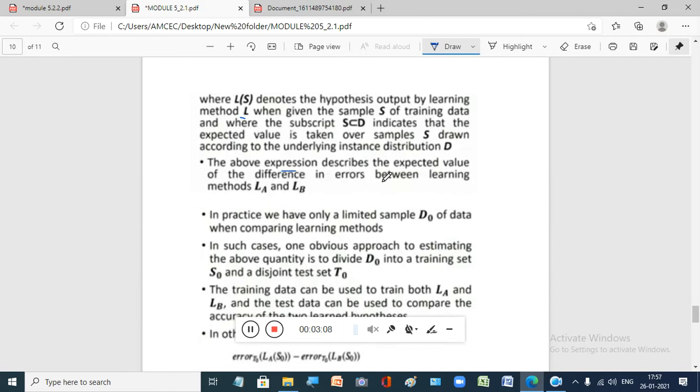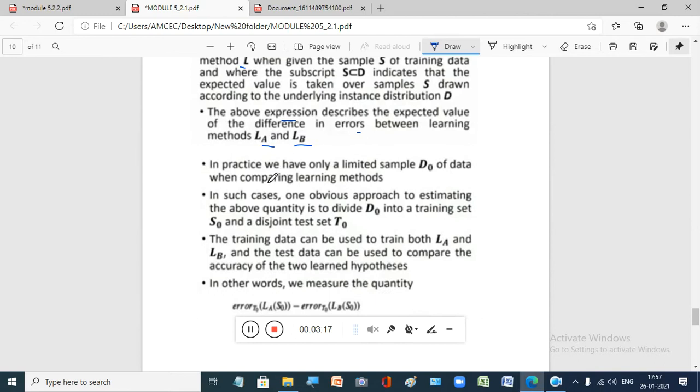Now in practice, we have a limited sample data D0, so our sample size is very small when we compare two or more algorithms. In such cases, one obvious approach to estimate the above quantity is to divide our data set D0 into two sets.